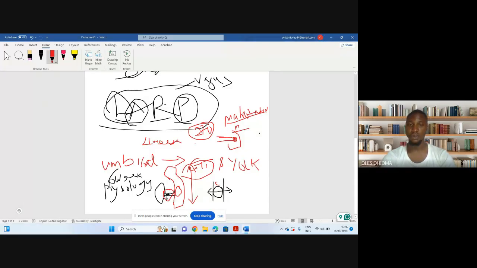And it carries along its peritoneum with it, its protective covering. Now that process where the midgut leaves the fetus and goes into the yolk sac, so that there will be enough space for the anterior posterior growth, that process is known as physiological herniation, right?